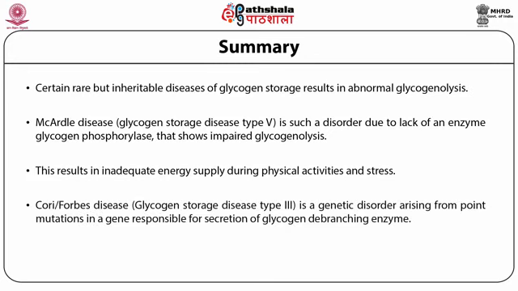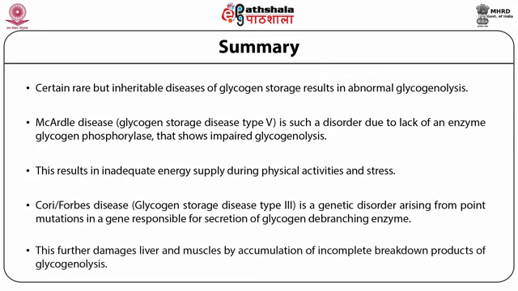Cori disease, glycogen storage disease type 3, is a genetic disorder arising from a point mutation in a gene responsible for the secretion of the glycogen debranching enzyme. So here the glycogen debranching enzyme is affected, so certainly glycogenolysis is affected.